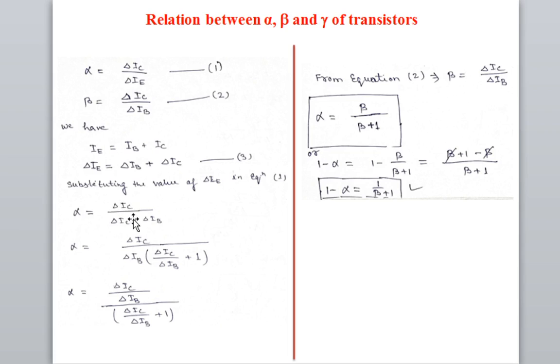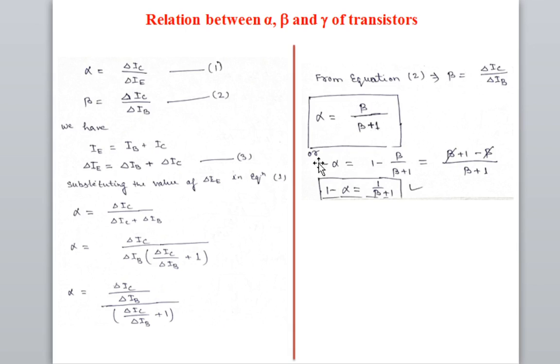Here I can take delta IB as common, so it will be delta IC upon delta IB, divided by delta IC upon delta IB plus 1. If you see carefully, this delta IC upon delta IB is basically beta, from the definition of beta. So alpha is equal to beta upon beta plus 1.